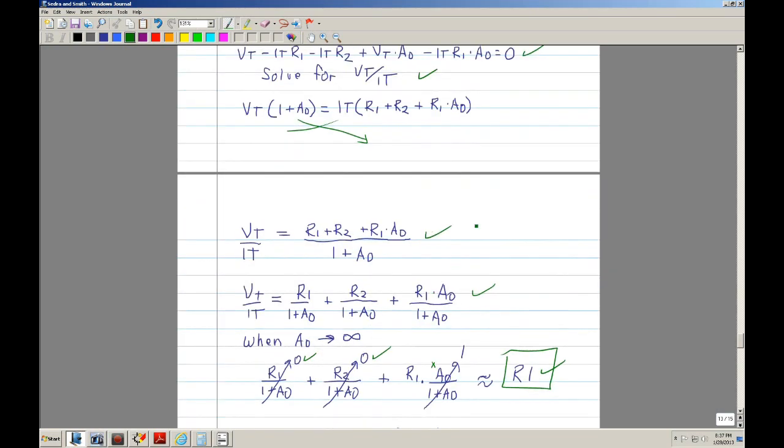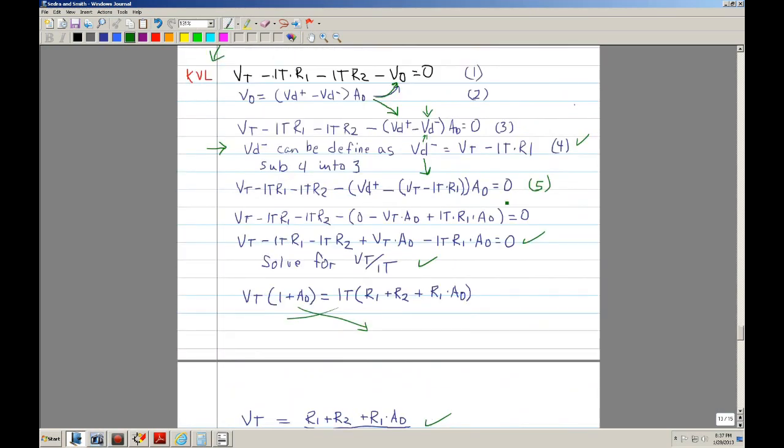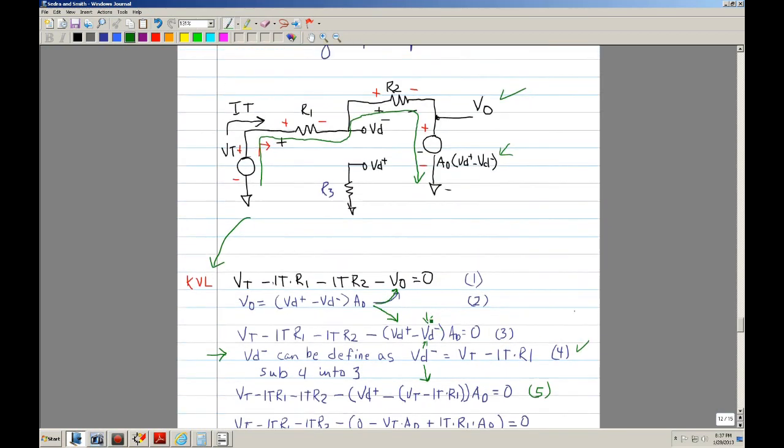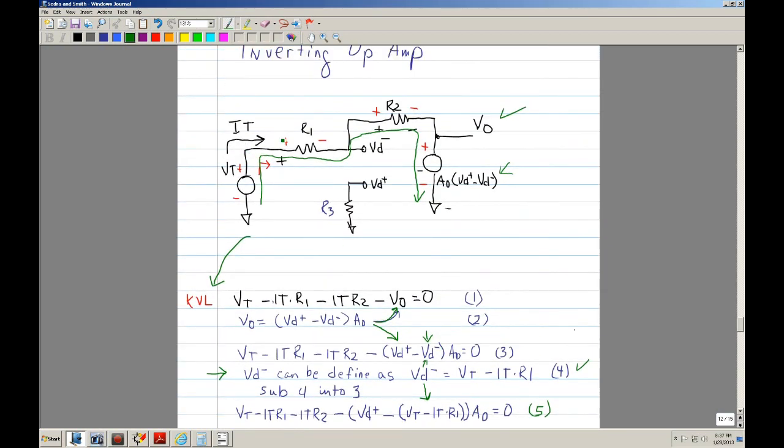So if you look in here, this equation is saying that the input impedance, looking in here, is this value. Why? Well, the equation says that it is, but remember we said that because IB is 0, the voltage at this node is 0.